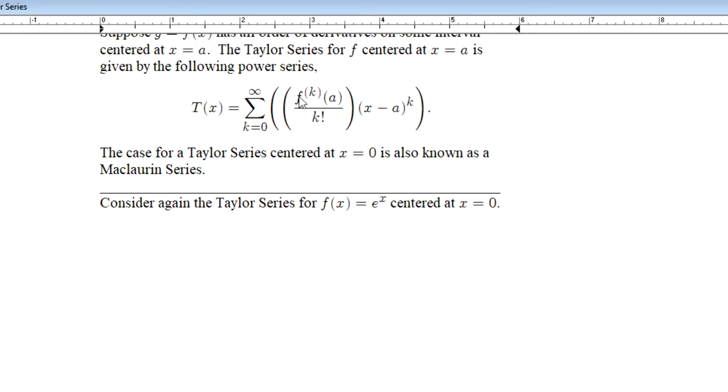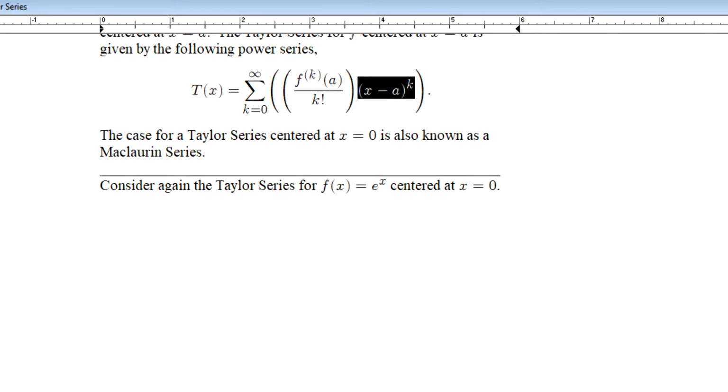In this definition above, function f is going to be played by the role of e to the x. A, the center in our series, is going to be played by the role of 0. And we are going to form this infinitely long summation for the kth derivatives of f evaluated at a divided by k factorial times this quantity x minus a raised to the kth power.